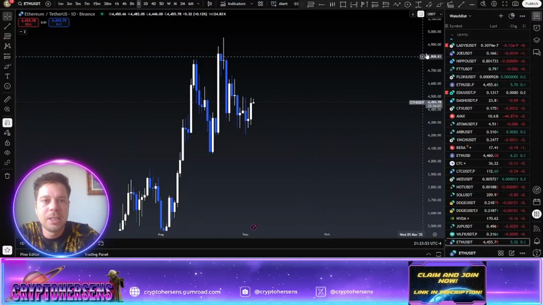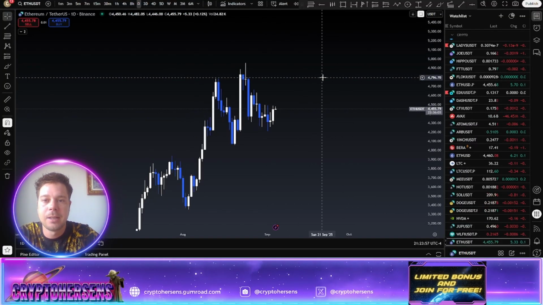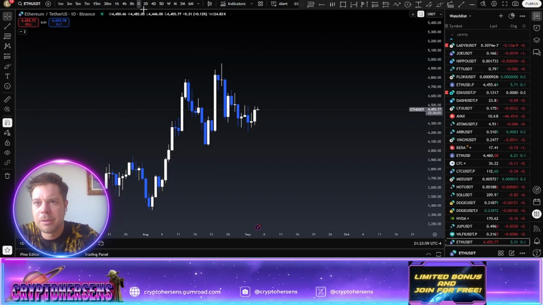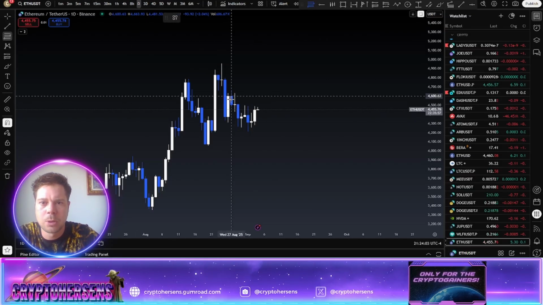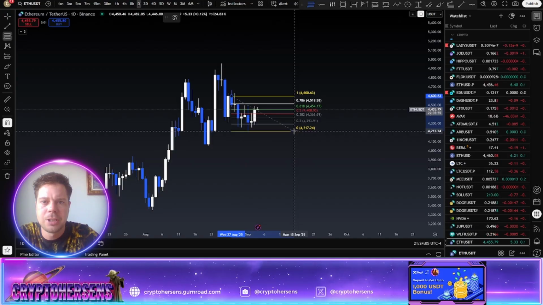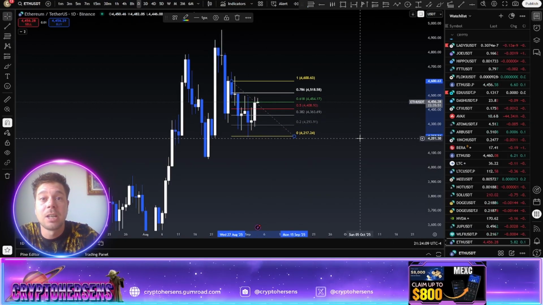So as you guys can see now, we're looking at Ethereum to USDT. And the thing is now with Ethereum, if you go to the lower time frames, or let's draw some support resistance levels here, you can see that Ethereum is heading to some resistance at the moment.